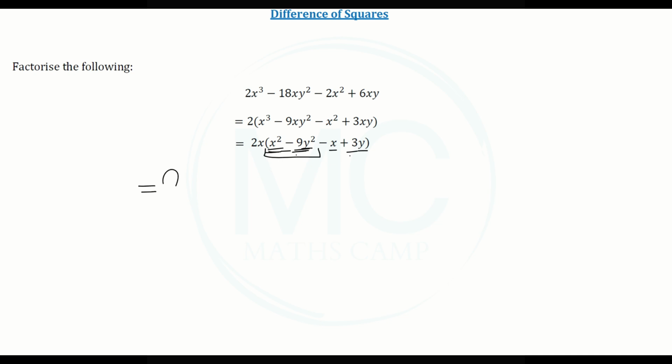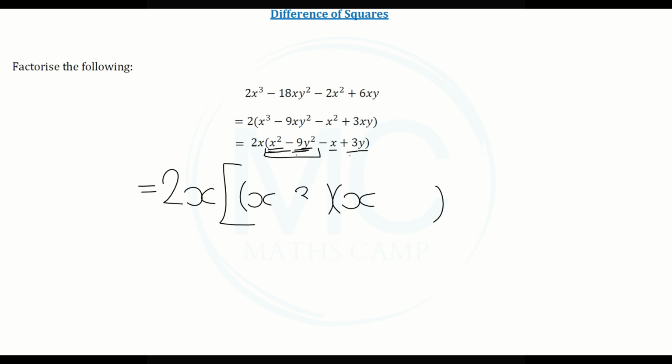So let's put in our 2x. Going to open a big bracket. And now we can separate these terms into two brackets. The square root of x squared is x. Put x over here and x over here. The square root of 9 is 3.